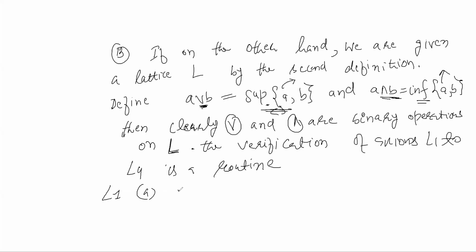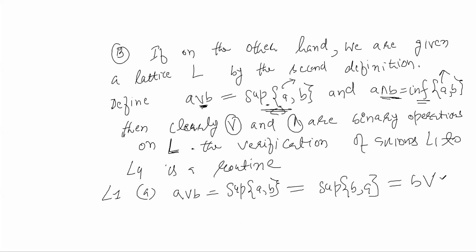A join B, by definition, is the supremum of A and B. The supremum of A and B is the same as the supremum of B and A, which is B join A. Likewise, A meet B is the same as B meet A, because the infimum of A and B is the same as the infimum of B and A.